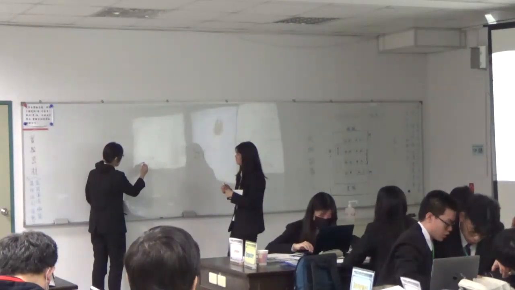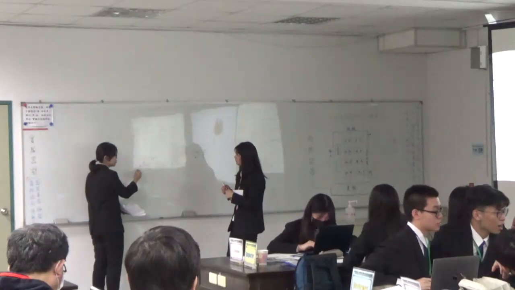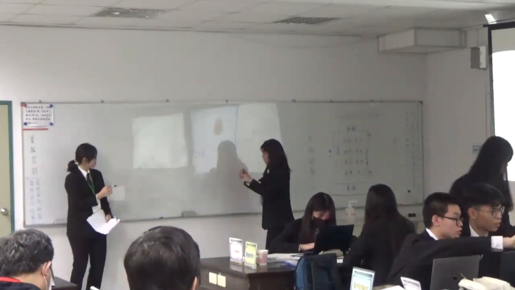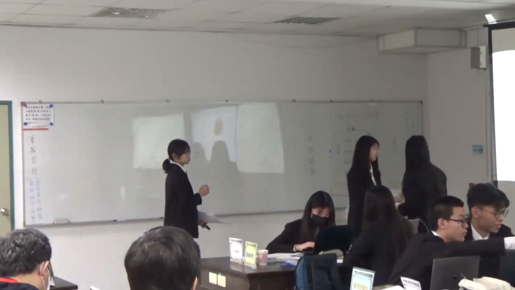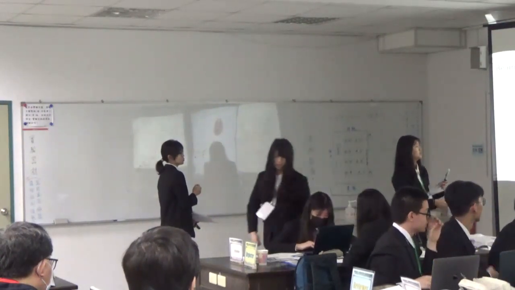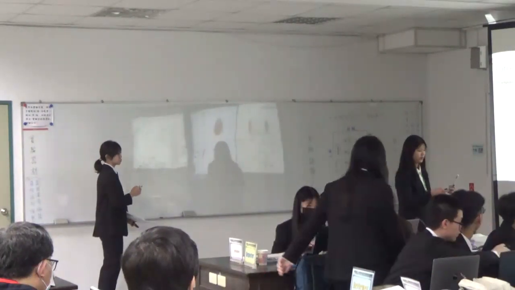So the ball might be from here. The initial velocity might be from here, right? You agree? But I think that I use the force analysis to explain the injection process.